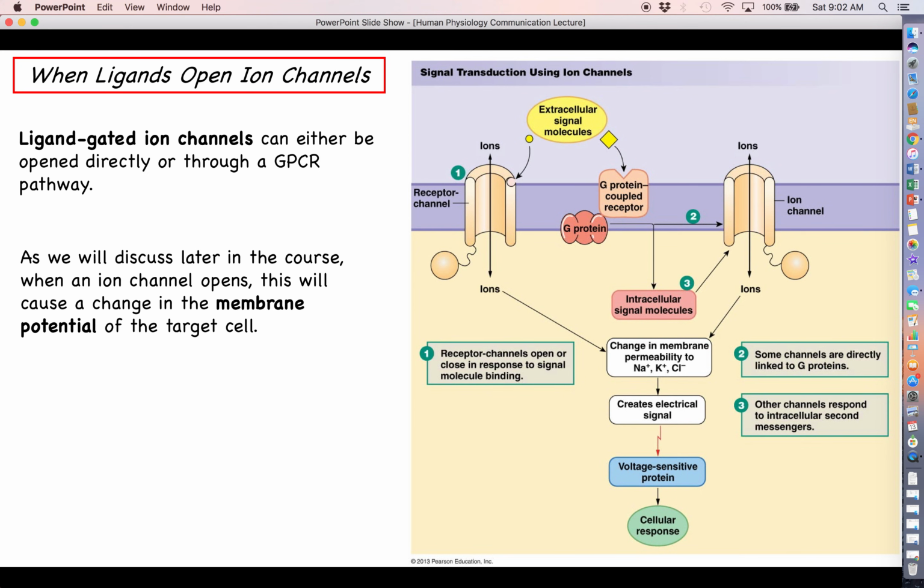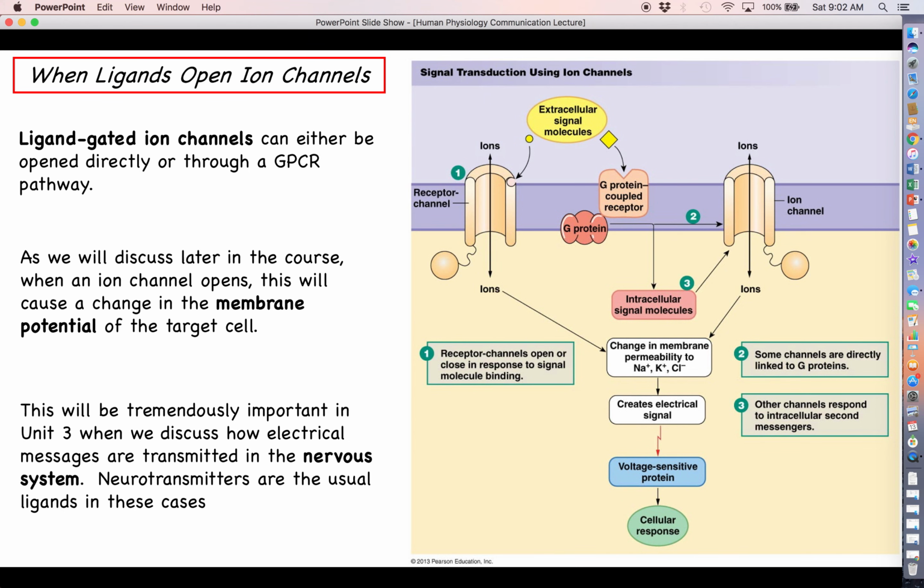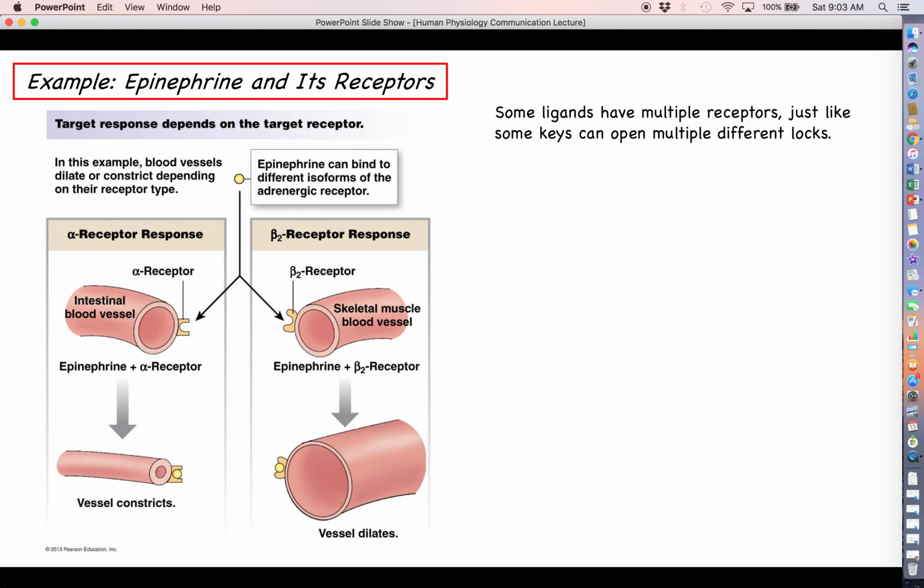You're basically changing the electrical balance between the two sides of the membrane, and that's going to have huge implications for when we start talking about the nervous system, since we understand that the nervous system is all about sending electrical messages. Generally speaking, the type of signaling molecule that will open an ion channel is going to be a neurotransmitter. We will have a lot more to say about that when we start talking about the nervous system.